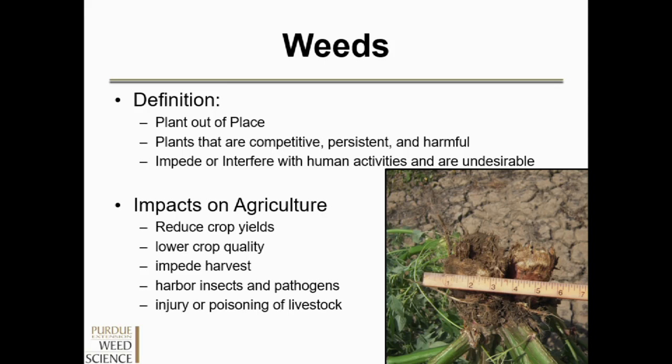Anything that can impede harvest, if we have a dense weed stand in a field, we actually can't combine those crops sometimes with our harvest equipment. Some of these weeds can also harbor insects and pathogens that can harm our crops in other ways. And then we have a number of weeds that can injure or poison livestock if they happen to step on them or eat these weeds. Those are also undesirable plants that we're going to say are weeds in those settings.